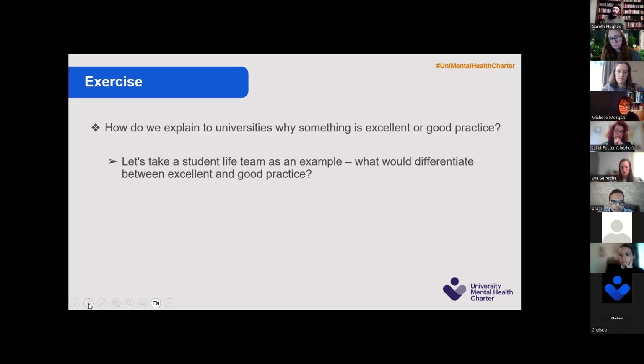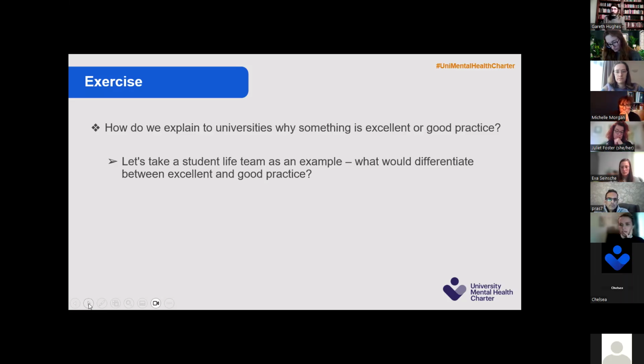And their role usually is about student socialization, belonging, lots of activities, all of that kind of thing to help students get that sense of connection, belonging, and friendships. So what would differentiate between excellent and good practice in this kind of example? Does that make sense to everyone? Yeah. Okay. So let's just take that.